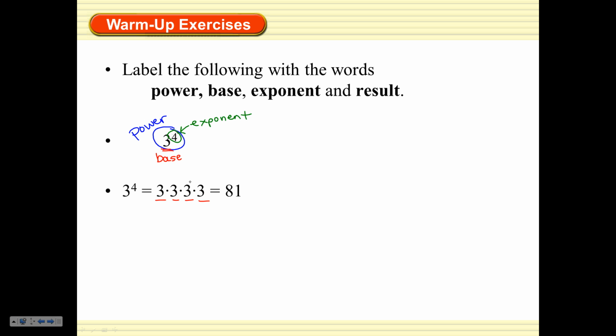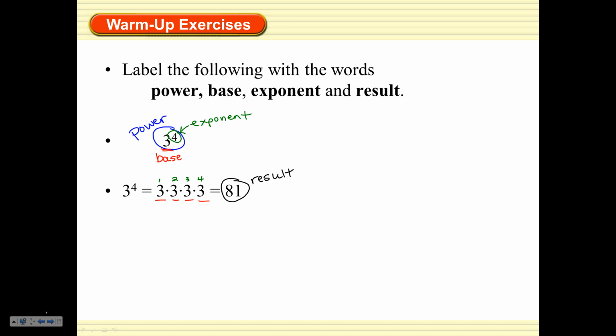The exponent tells how many times you multiply it. And finally, the 81 is the result. Okay, so we've labeled everything. The base is the number that is repeatedly multiplied. The exponent tells how many times to multiply that.